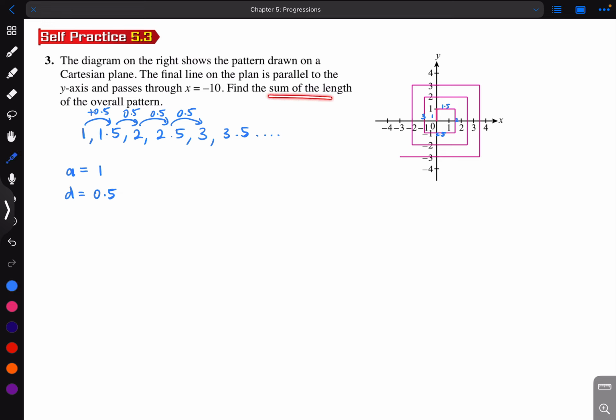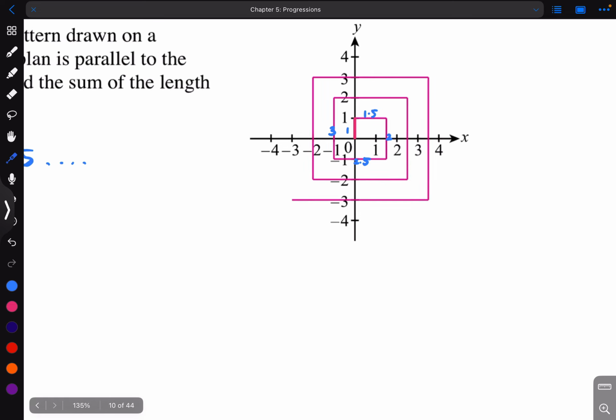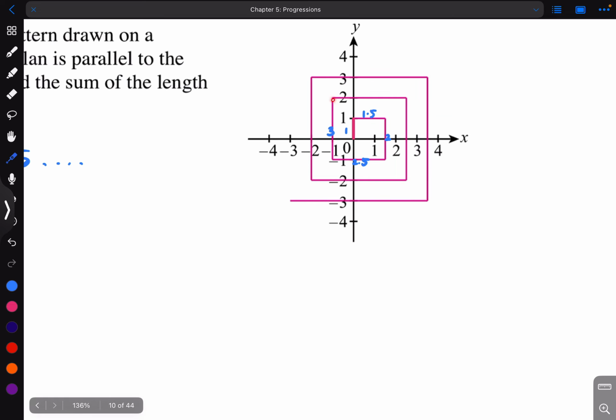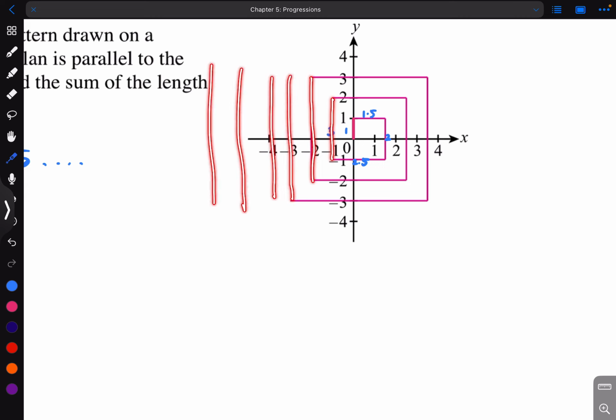We need to find the sum of the length of the overall pattern where the final line stops at negative 10. So we need to find how many terms until we get to that line. What we can do is look at these lines and try to figure out how many more lines it will take to reach negative 10.